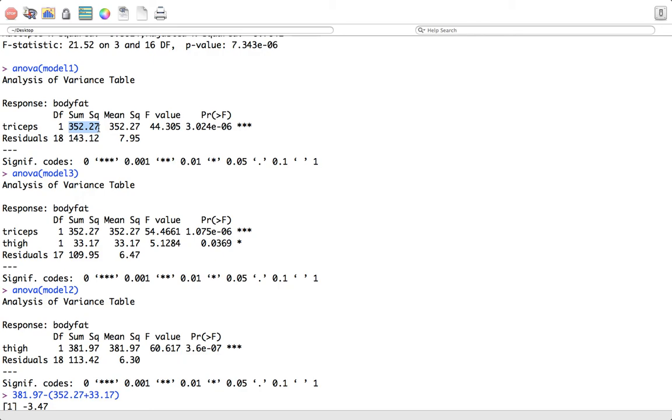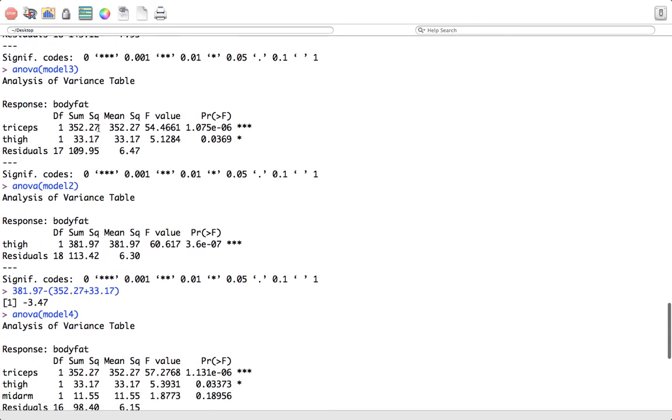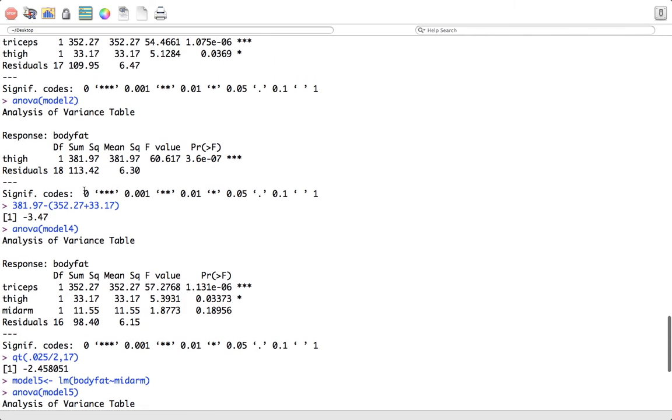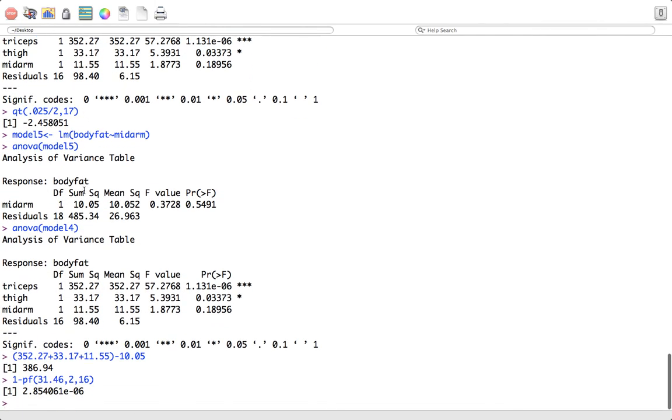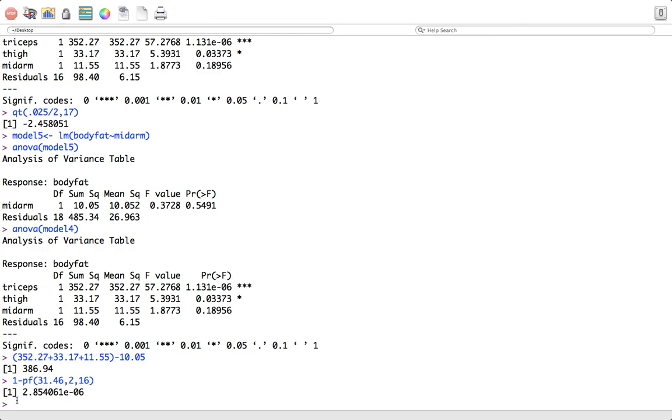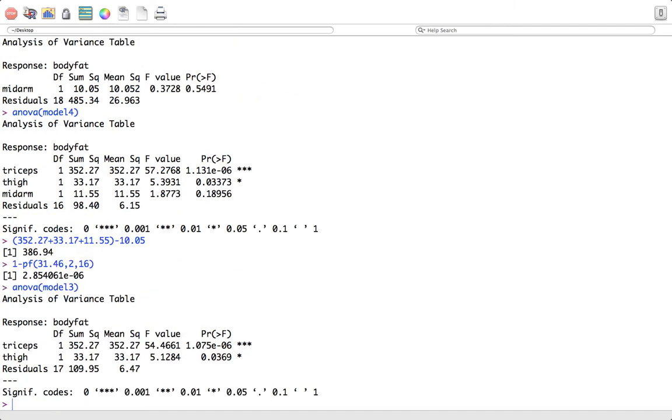And when I added x2 to that model, and that should be model 3, if we run an ANOVA model 3, this is the 2 predictor model. You can see that the contribution was 33.17, relatively small. And when we run the model the other way, we also get a small contribution to the sum of squares for regression.